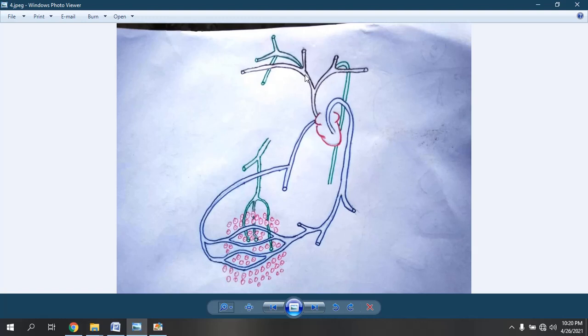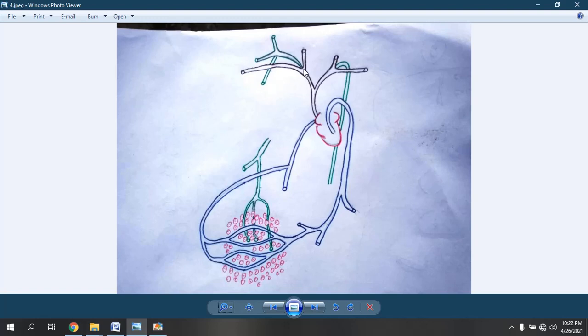The right brachiocephalic branch further gave two main branches. This is the right subclavian vein, and this is the internal jugular vein. Same as the case with this: this is the left brachiocephalic branch of the vein. This is the left subclavian vein, and this is the left internal jugular vein.